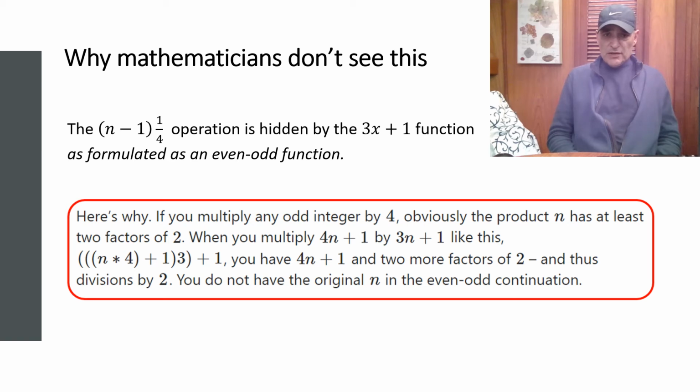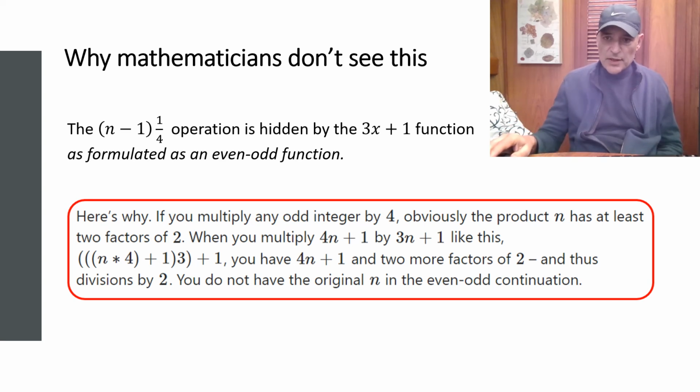So when you multiply 4n plus 1 by 3 plus 1, you have the 4n plus 1 result, and then you have 2 more factors of 2. And thus divisions by 2, there's 2 even steps you will see in even-odd sequences, and you do not have the original n in the even-odd continuation.